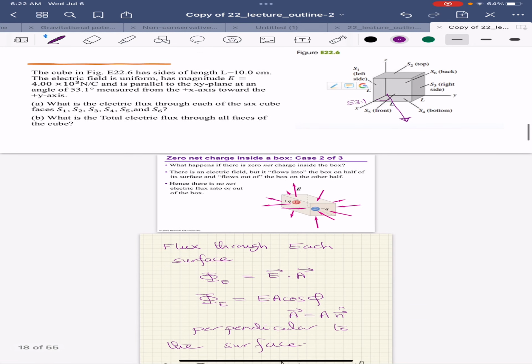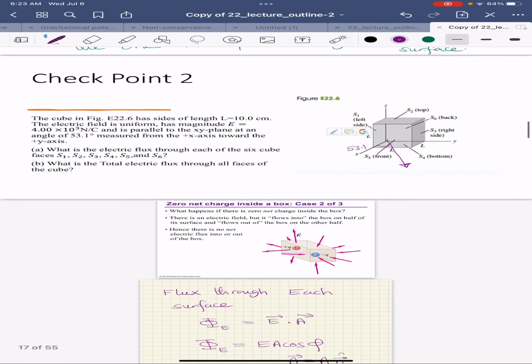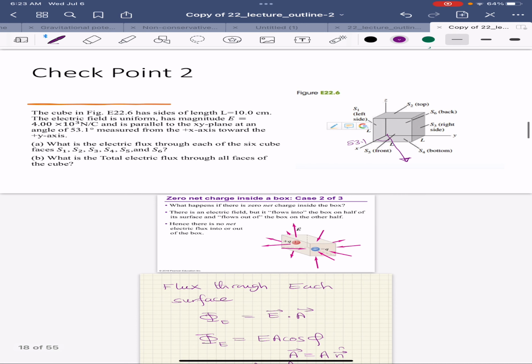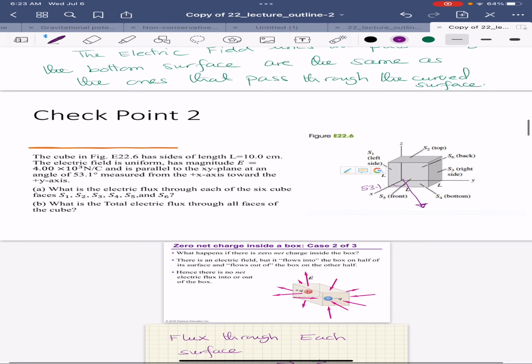The next one is a cube that I have here, and it has sides with a length of 10 centimeters. The electric field is uniform, with a magnitude of 4×10³ newtons per coulomb, and it is parallel to the XY plane at an angle of 53.1 degrees measured from the positive x-axis toward the y-axis.